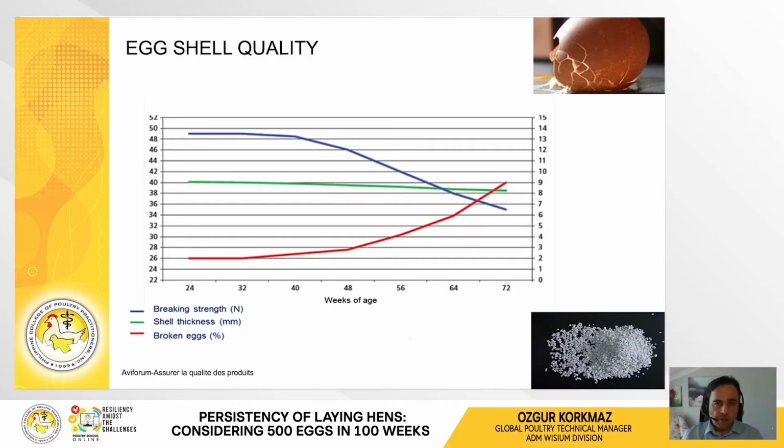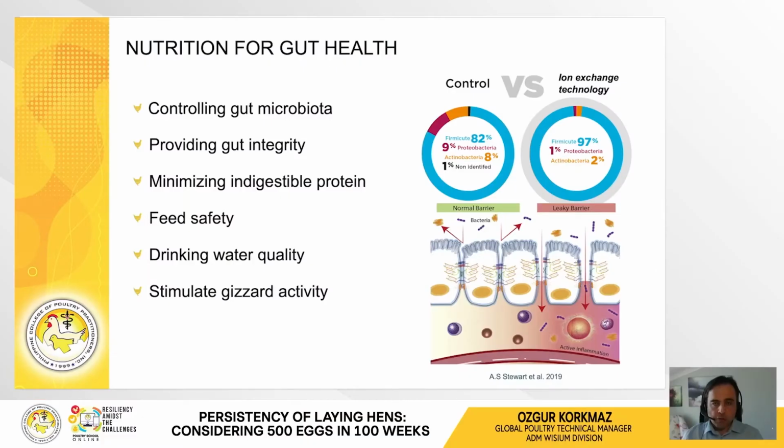We need to minimize the broken egg percentage. We have different ways; especially, we can control egg size with our nutritional and some management solutions to control eggshell quality. Gut health should be considered very well.